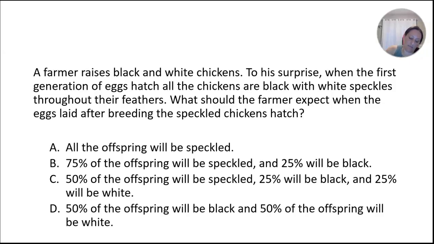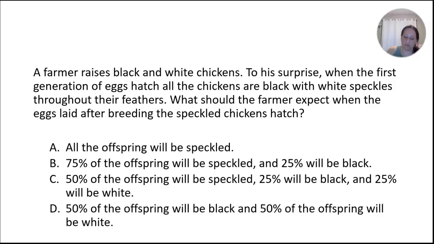Okay, so again, you want to designate this. It's not true dominant recessive, it's codominance. So I'm going to use the letter B, and I'm going to say that black is B1B1, and white I'm going to say is B2B2, and speckled is B1B2.